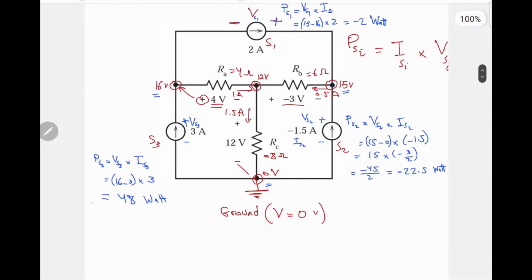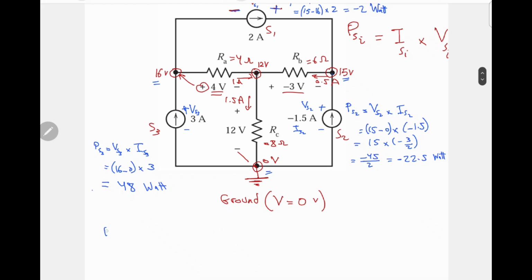So to summarize, we have that PS1 equal to minus 2 watt, PS2 is equal to minus 22.5 watt, plus we have PS3 equal to 48 watt.